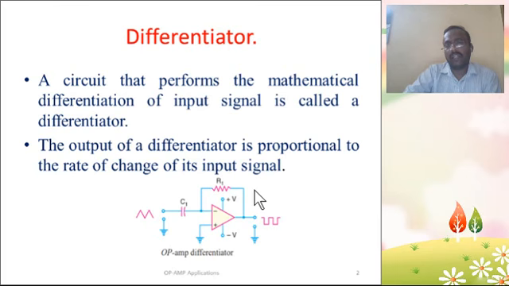So this is a circuit diagram of the integrator. This is the non-inverting input terminal. This is the inverting input terminal. The input signal, a ramp signal, is applied to the inverting input terminal through capacitor C1.